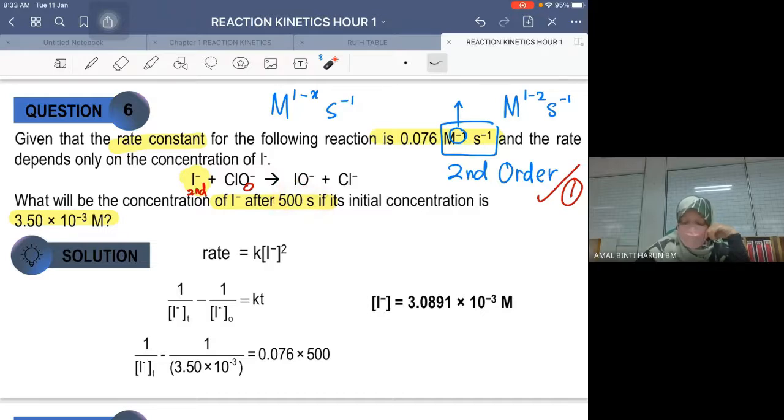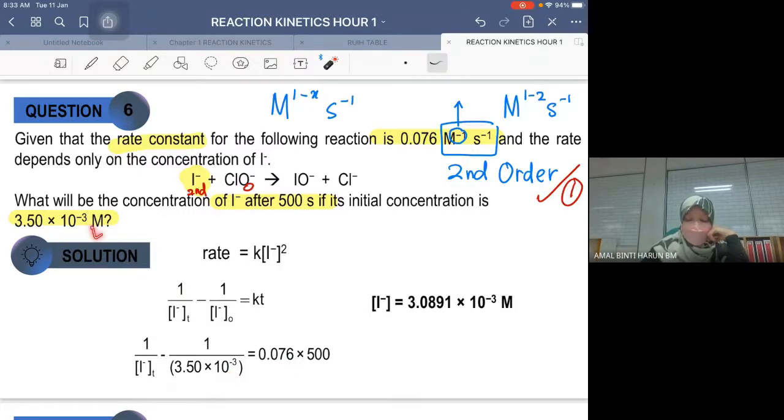Jika dia second order, kita pakai formula integrated. Okay, so it is 1 over concentration time minus 1 over initial equal to KT. Then we substitute, kita nak cari at time selepas 500 saat, concentration dia selepas 500 saat, substitute this one.